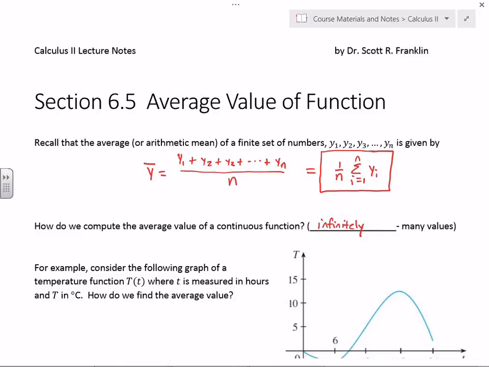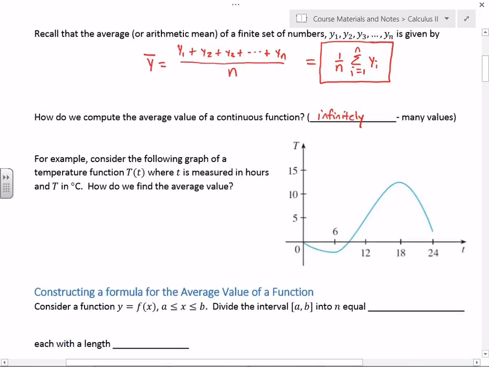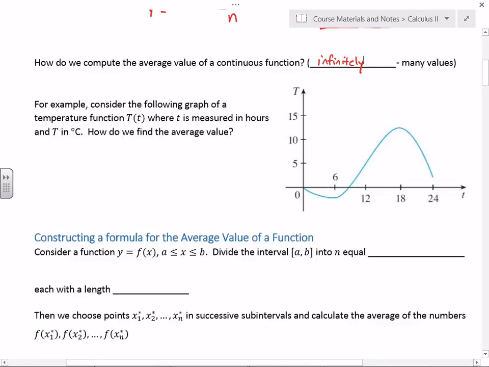All right. So, for example, consider the following graph of the temperature function, where little t is measured in hours and capital T is degrees Celsius. How do we find the average value? Well, you can't add up all the different heights because there's infinitely many of them, uncountably infinitely many.